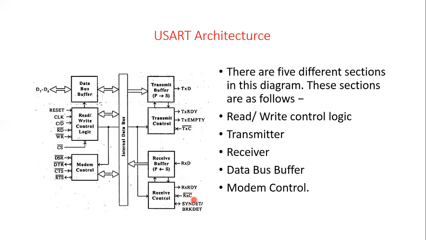In the asynchronous mode, the clock can be 1, 16 or 64 times the baud rate. Then RxRDY, receiver ready. This is an output signal. It goes high when the USART has a character in the buffer register and is ready to transfer it to the microprocessor unit. This line can be used either to indicate the status or to interrupt the MPU.